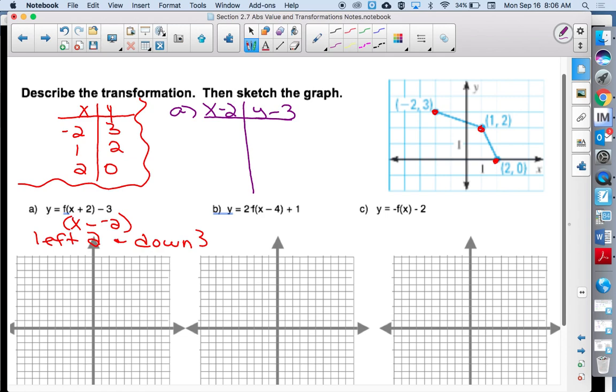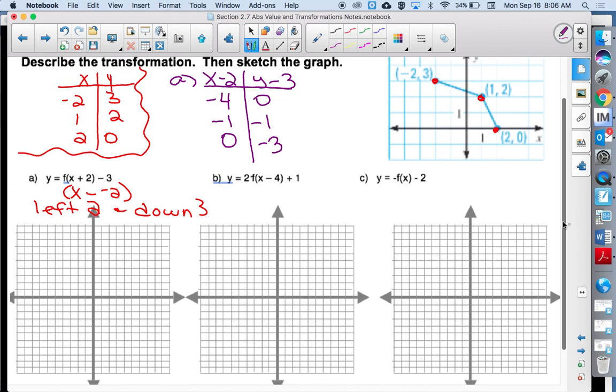Take the original y, subtract 3. And then that's going to be the new graph that you're plotting. So it's still 3 points. And try and connect it as the given graph.